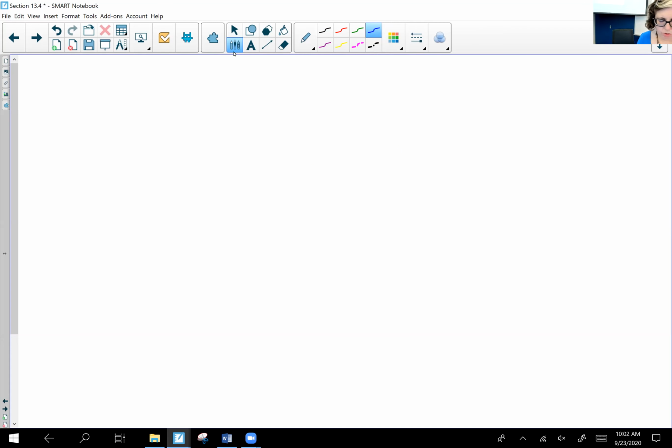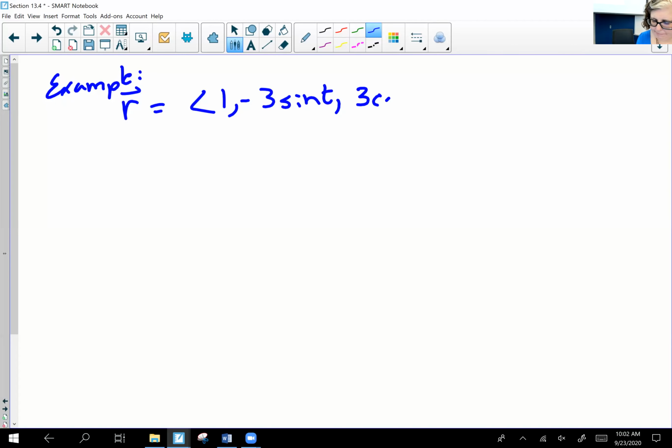All right, so if we're given something like this, and that is our R vector. Now, let's remember what that R vector tells us. I'm just going to draw it in 2D.